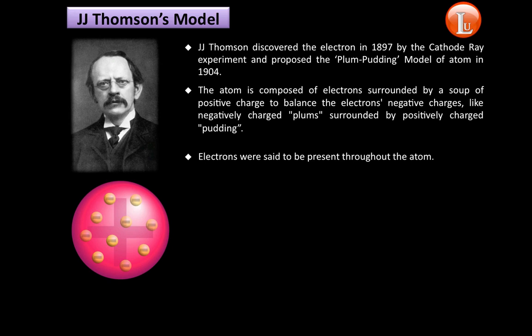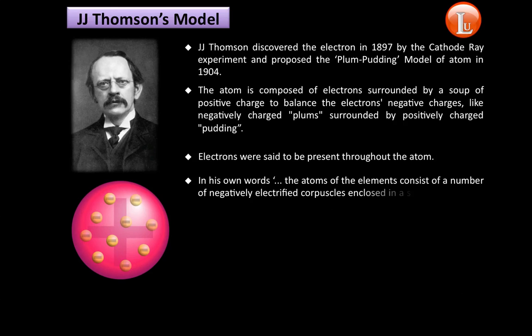Thomson's model was compared, though not by Thomson himself, to a British dessert called plum pudding, hence the name. Thomson's paper was published in the March 1904 edition of the Philosophical Magazine, the leading British science journal of the day. In Thomson's view, the atoms of the elements consist of a number of negatively electrified corpuscles enclosed in a sphere of uniform positive electrification.